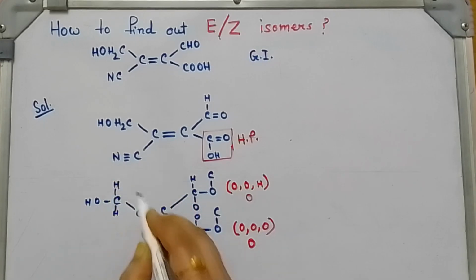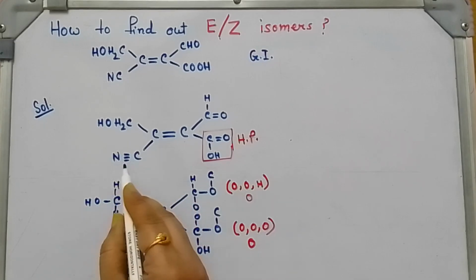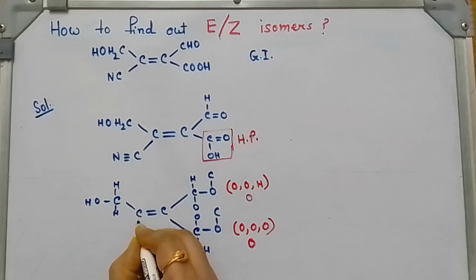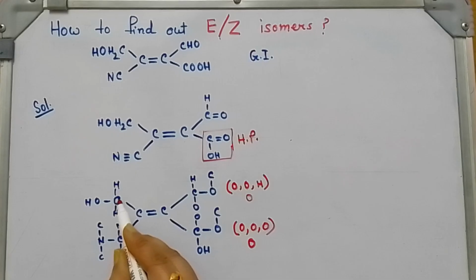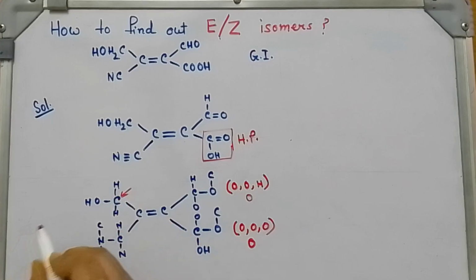And in place of this CN, here it is having multiple bond. What you can write, as I told you already, C, N, here N, here N, here C, here C. Now with this carbon atom, which one is directly attached to the carbon-carbon double bond, what atoms are attached with this carbon atom?